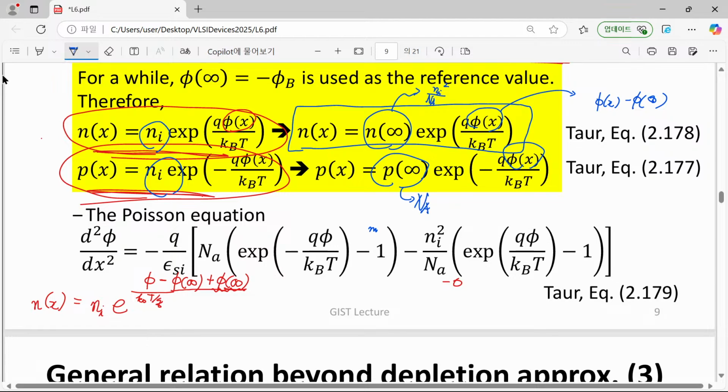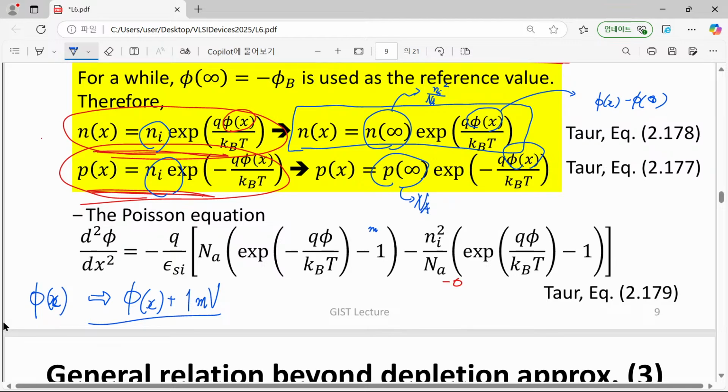Now let me give you one thing. Previously we had a certain phi at a certain position. Now instead of this potential at a given position, let's assume that by some means we have a small difference in its potential. Then what will happen to our electron density and hole density at the same time?